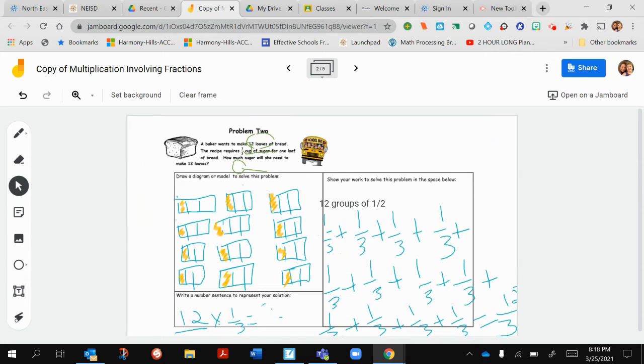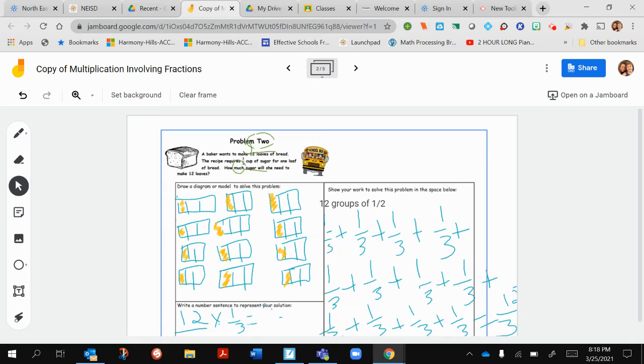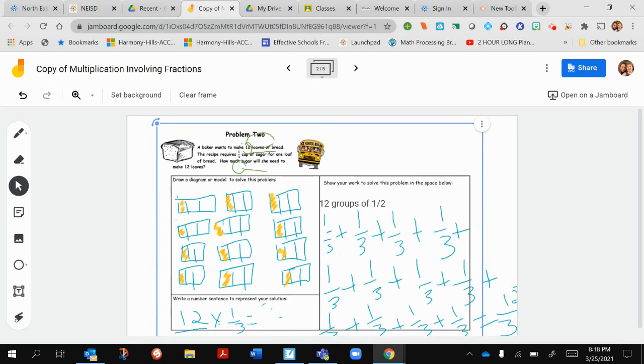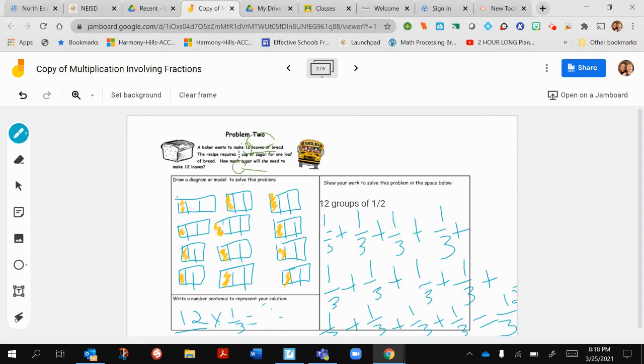Okay, so this will be 12/3. 3 goes into 12 how many times? 4 times. Will this match?